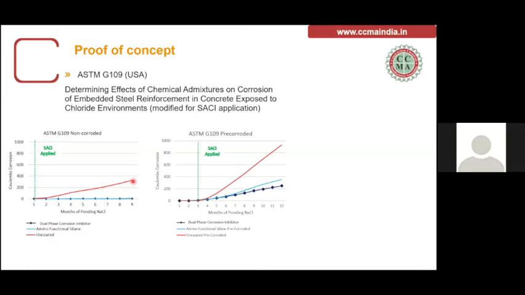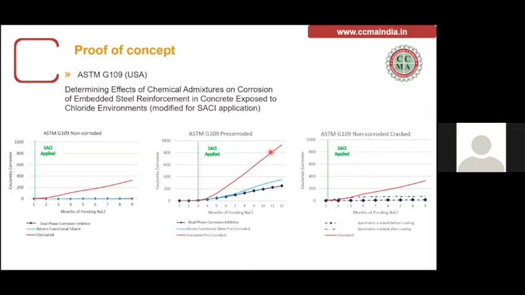If you look at pre-corroded specimens, which were allowed to corrode for a period of 3 months, and after 3 months the material is applied, the dual phase corrosion inhibitors, what is the current passing through them, the amino functional silanes and the uncoated ones. Now these were for pre-corroded, but if you see the cracked and the non-cracked specimens, the coulombs passing through specimens that were cracked before the coating, and the material was applied, you can see here.